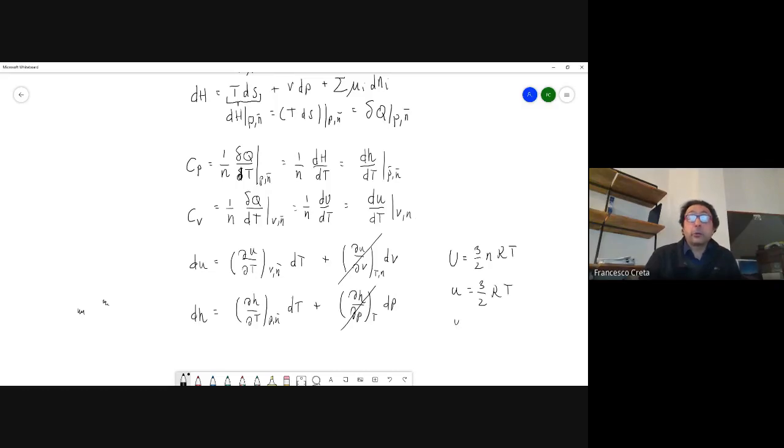So you see that U is just a function of temperature, not a function of volume, for example.